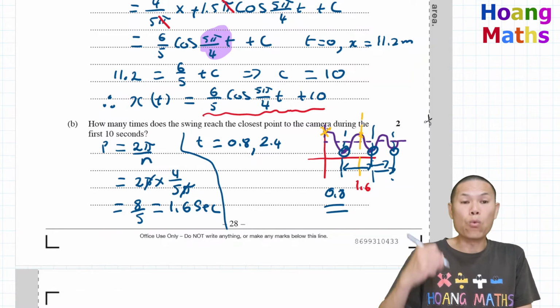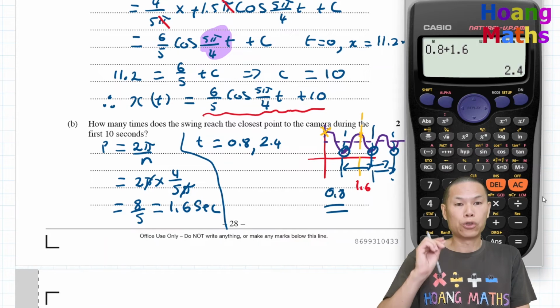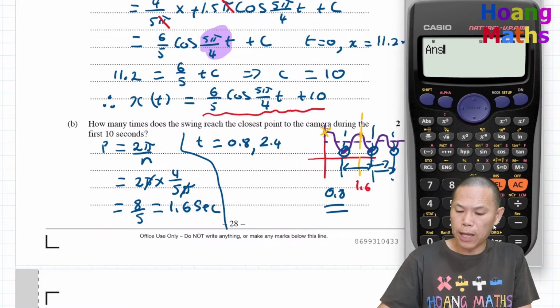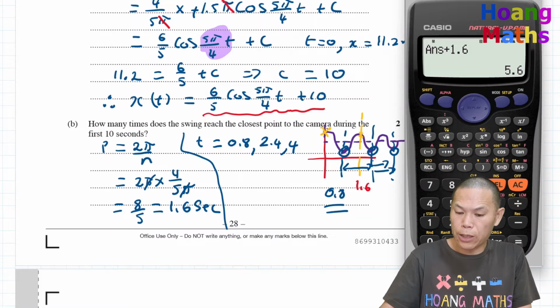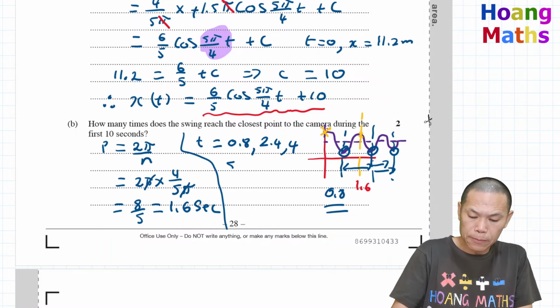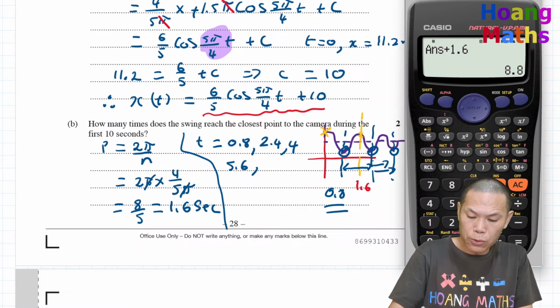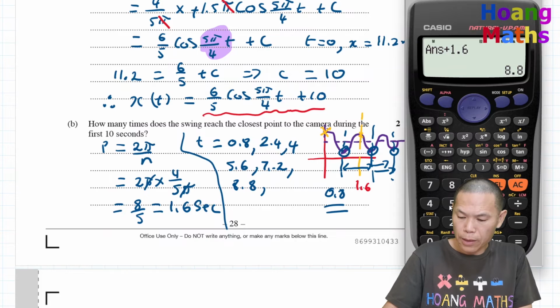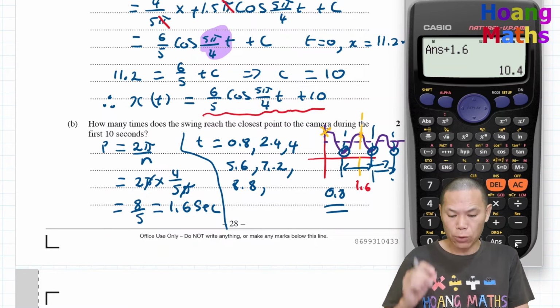And then add another 1.6, and we keep adding until we reach 10 seconds. So answer plus 1.6 is 4 seconds, then 5.6, then 7.2, then 8.8, and then 10.4. That is over 10 seconds, so we stop here.